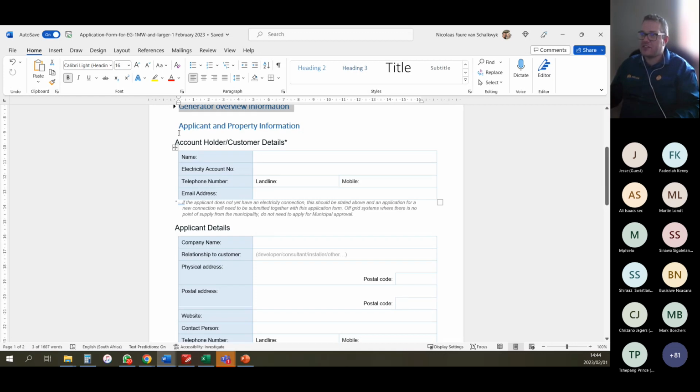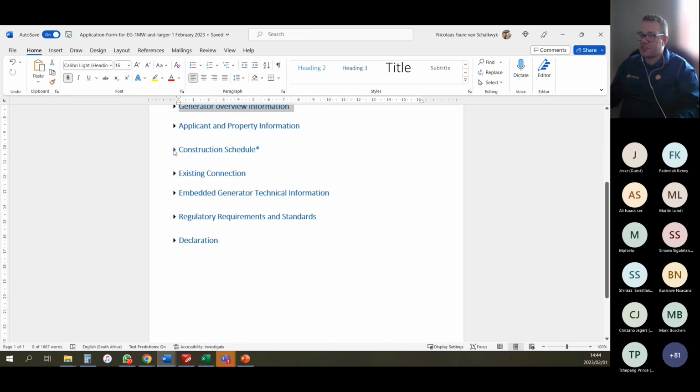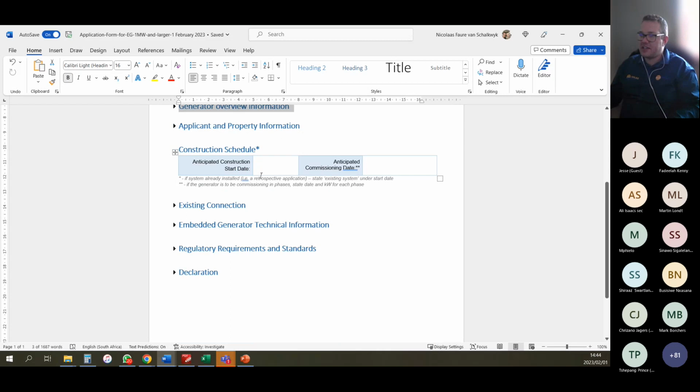If there are a few legal guys online that have an opinion about that, that would be great, but that's just an idea. For now, they need to submit that information as a minimum. Construction schedule, very short, just indicating the anticipated construction start date and when they would like to commission.